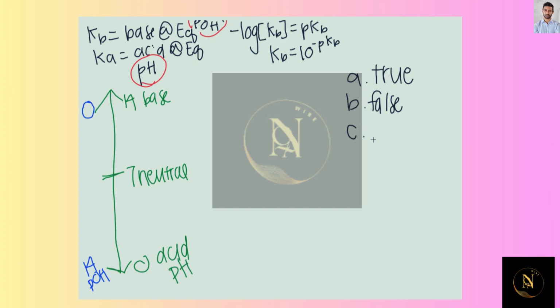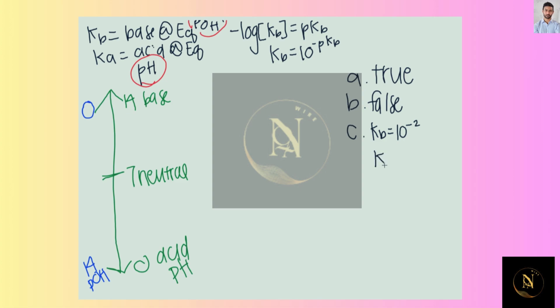Question C is asking: the stronger the base, the smaller the Kb. For C, we're going to use the equation I wrote earlier, where Kb is equal to 10 to the negative pKb. If our pKb was 2, meaning a strong base, it gives a larger number.